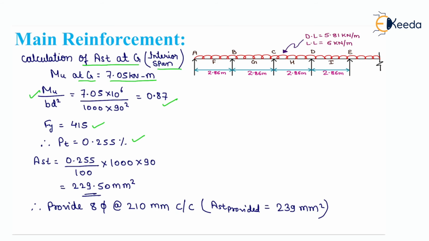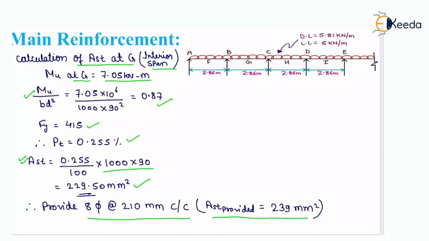Now we will calculate Ast by the formula 0.255 upon 100 into 1000 into 90. We will get 229.50 mm square. Therefore, we provide 8 dia bar at the rate of 210 mm center to center, for Ast provided equals 239 mm square.